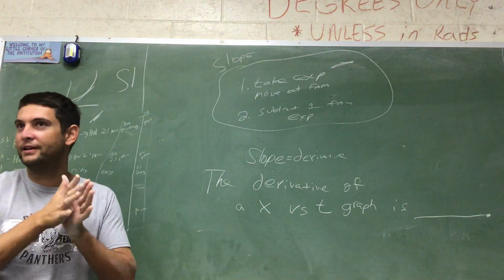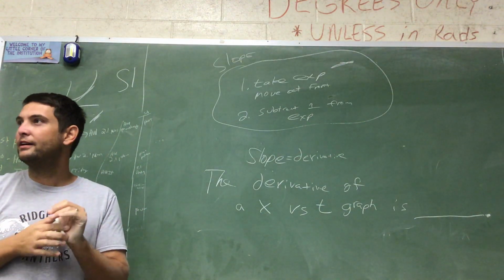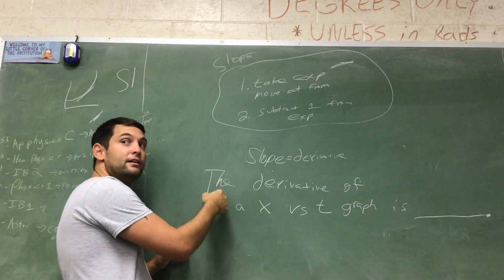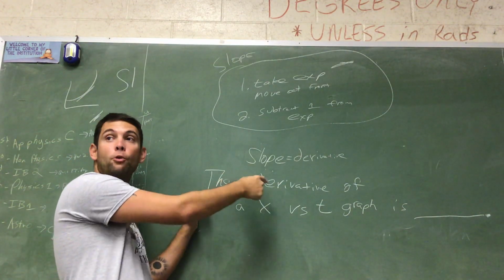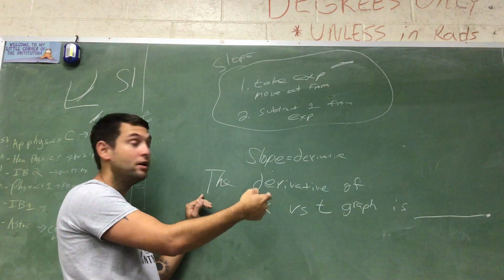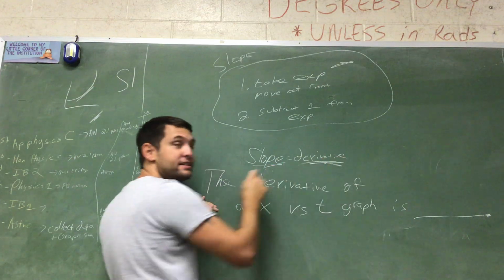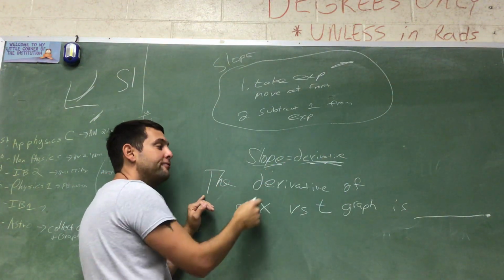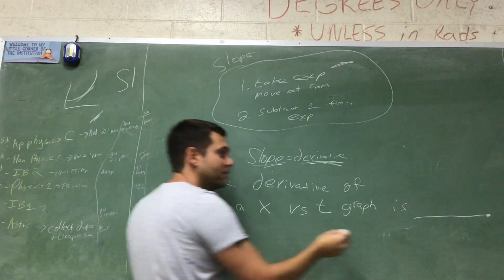Did you write it down? Kenneth? Very good. Yesterday, the sentence was the slope of an x versus t graph is velocity, right? Well, we said slope and derivative are the same thing. So therefore, the derivative of an x versus t graph is velocity.